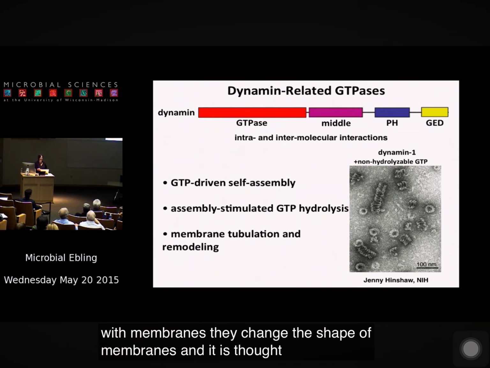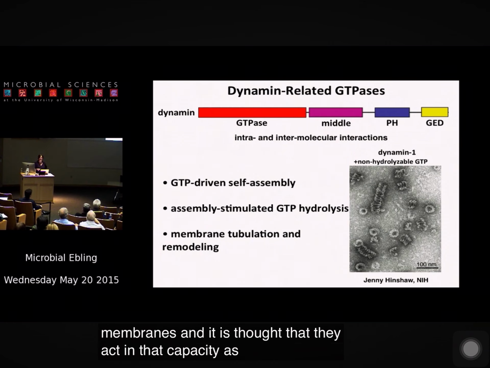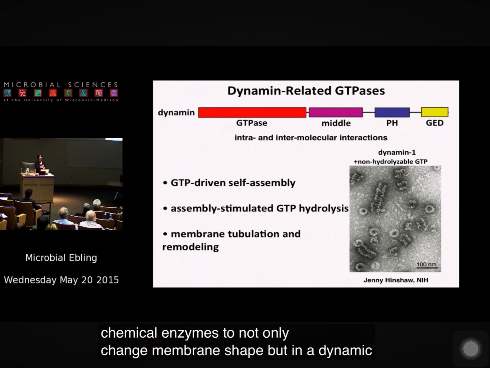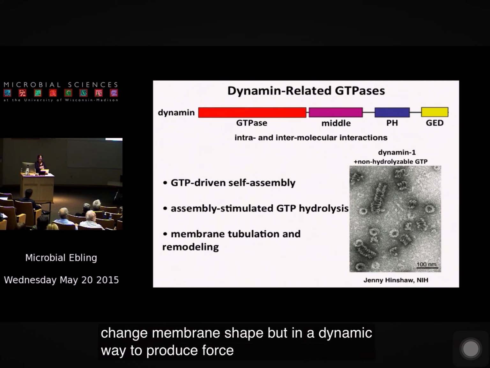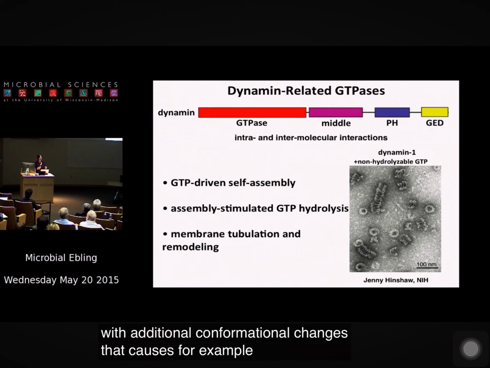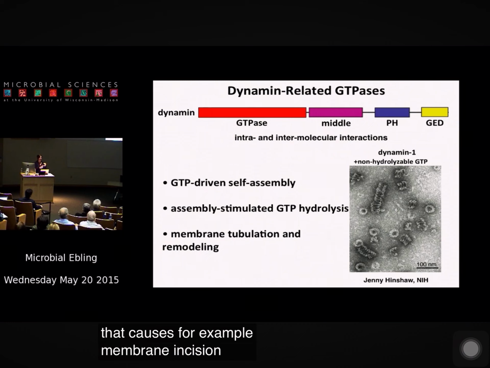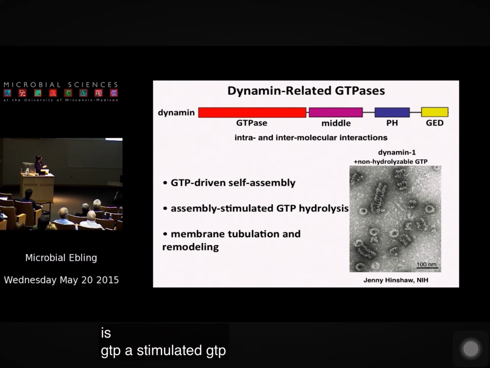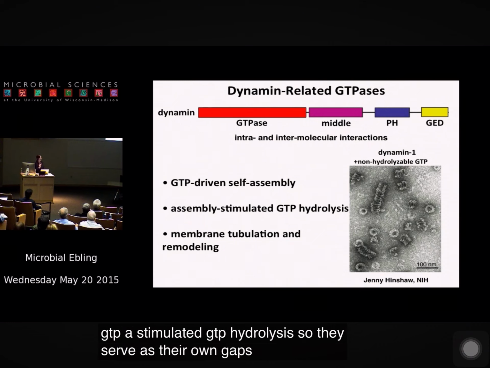And it is thought that they act in that capacity as mechanochemical enzymes to not only change membrane shape, but in a dynamic way to produce force that, with additional conformational changes, causes, for example, membrane scission and membrane fusion. So built into these structures, assembling is a stimulated GTP hydrolysis, so they serve as their own GAPs.